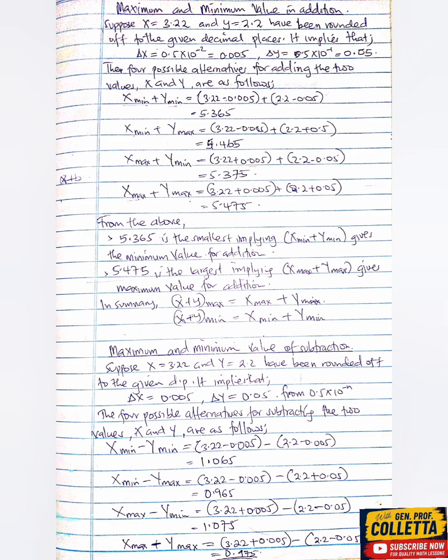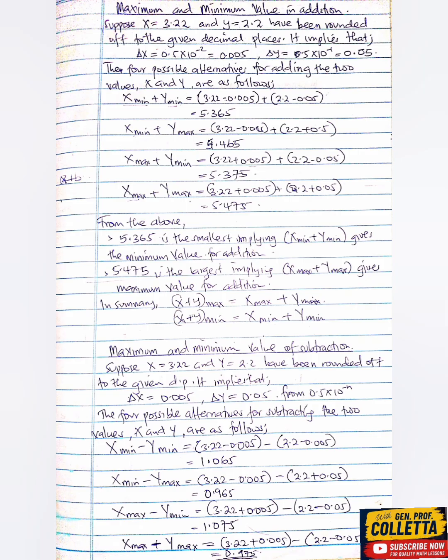Now, if I want the maximum value, we just add the error, because to get the maximum value we take the approximate plus the error, isn't it? Yes, that is how we saw the work on the previous page. Here they want to prove that x max plus y max will give us the maximum value.